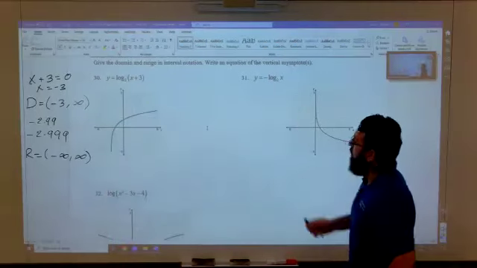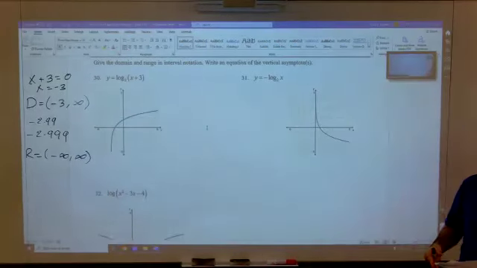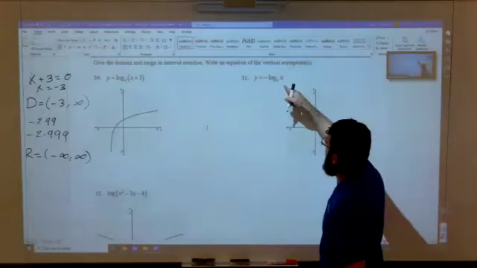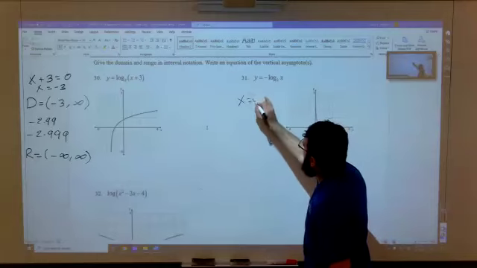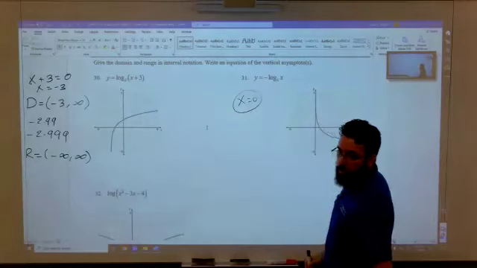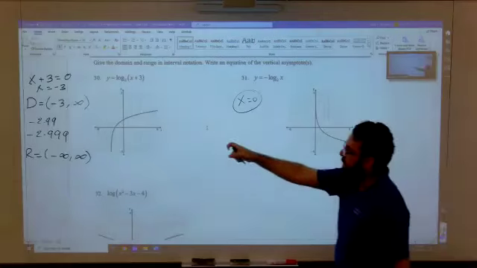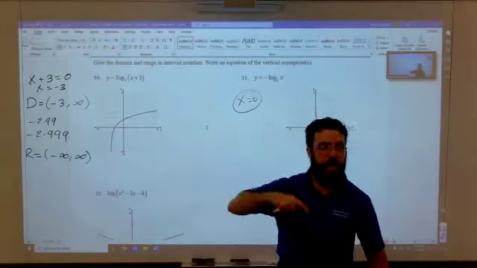What about this one? You can tell the domain is 0 to infinity, because we take x equal to 0, which is the vertical asymptote. Now, why is this graph different from that graph?